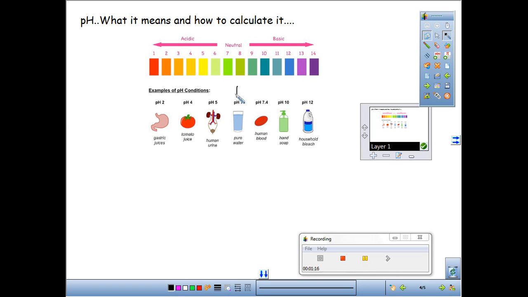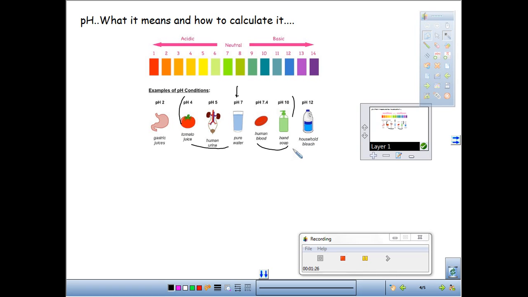Here's neutral, and then about 4 to 10. These will be weak acids, still can come in contact with our bodies. These will be weak bases. These can come in contact with our bodies. Anything above or anything below 4 or 3, it's kind of hard on our systems. And again, anything above 11 or 12, we really need to be careful.